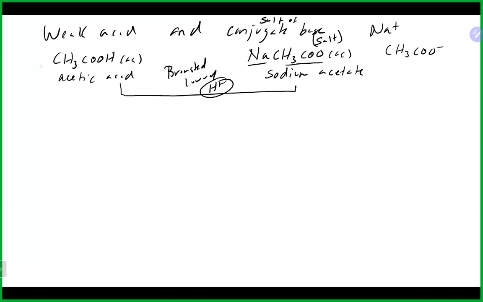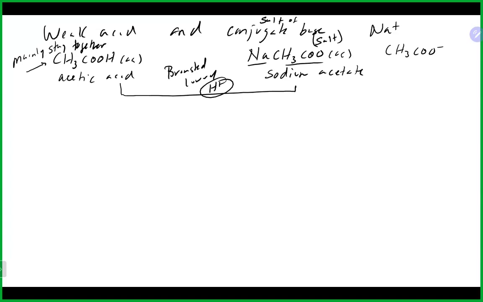And that's different than over here, for example, our weak acid, which is a weak electrolyte, which will mainly stay together. So if you remember when we talked about electrolytes, weak electrolytes will mainly stay together, but will break apart a little bit. So it will set up that reversible type reaction in this case.